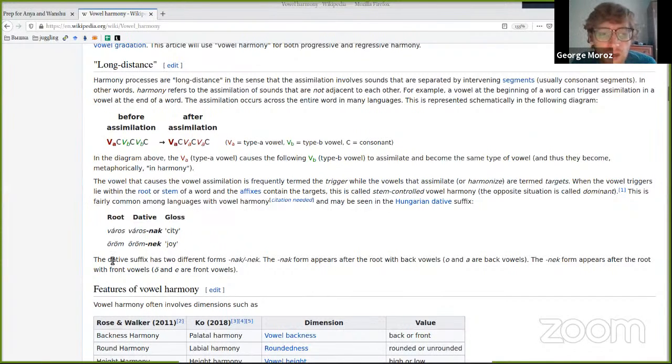For instance, I think in Turkic languages, or maybe Hungarian, E is transparent to harmony, so E can appear in both stems.